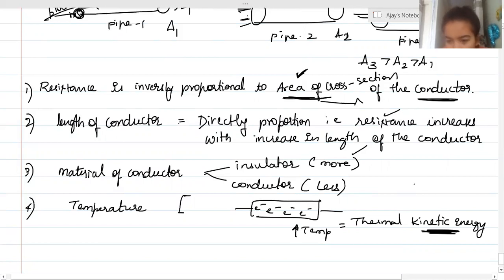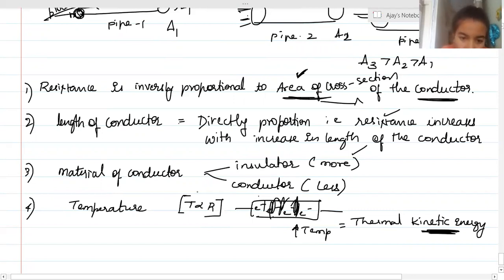So due to kinetic energy, electrons start hitting the walls of the conductor. They never move forward, but they keep on wandering like this. So electrons will not move. So temperature is also directly proportional to resistance.